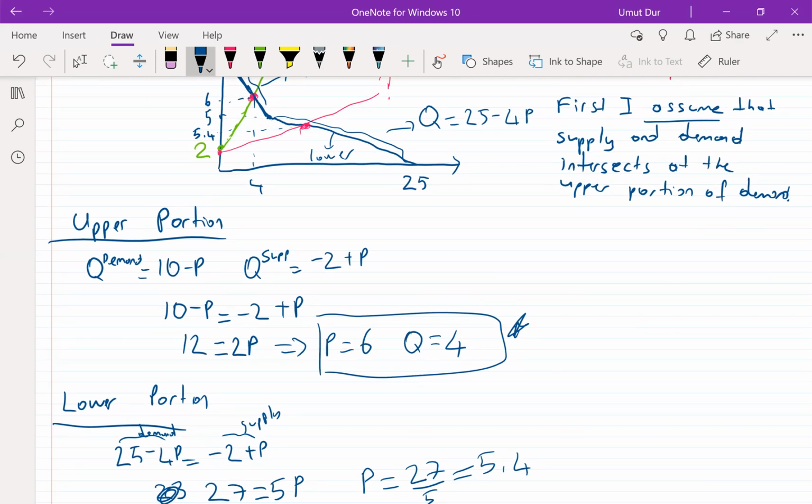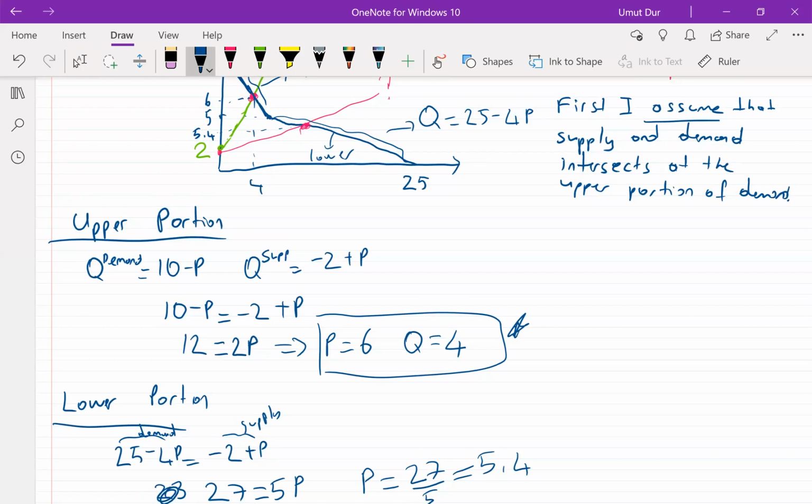Now let's think about whether there is a problem here. There's a problem, right? I spotted 5.4 below 5, which is illogical, so it cannot be correct.